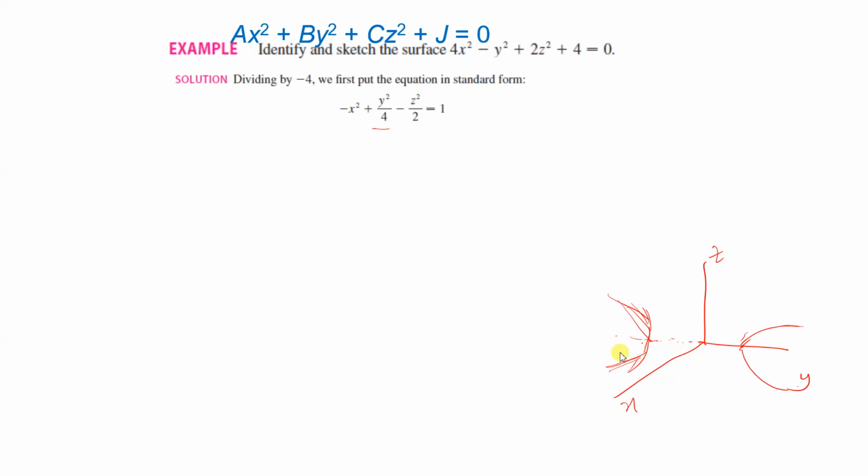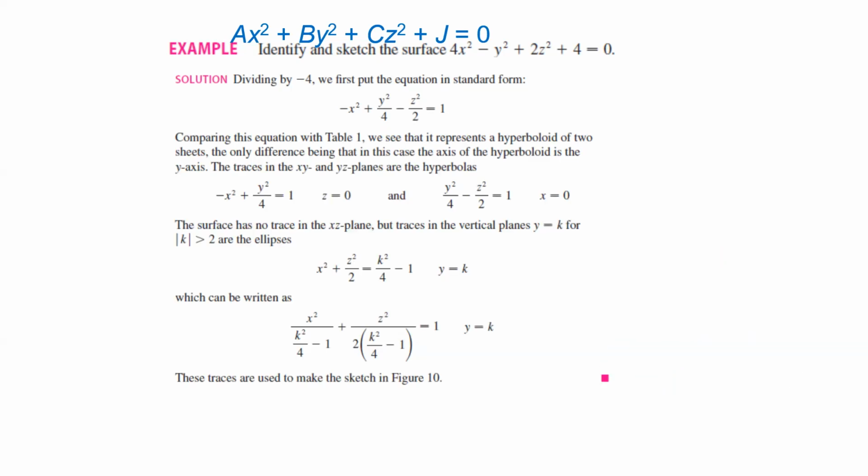Let's find out by finding the traces. If y is equal to k, and if x is equal to 0, we have a hyperbola. If z is equal to 0, we have a hyperbola. And in case we have y is equal to k, then it has ellipses. So this is the graph of this.